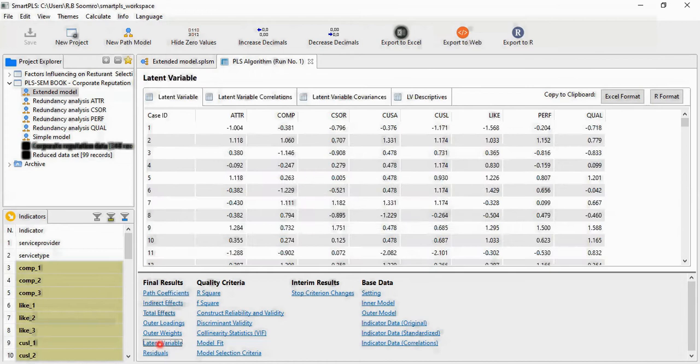The most commonly used measure to evaluate the structural model is the coefficient of determination, R-square. Ultimately, it is the explained variance of the independent variables on the dependent variable.